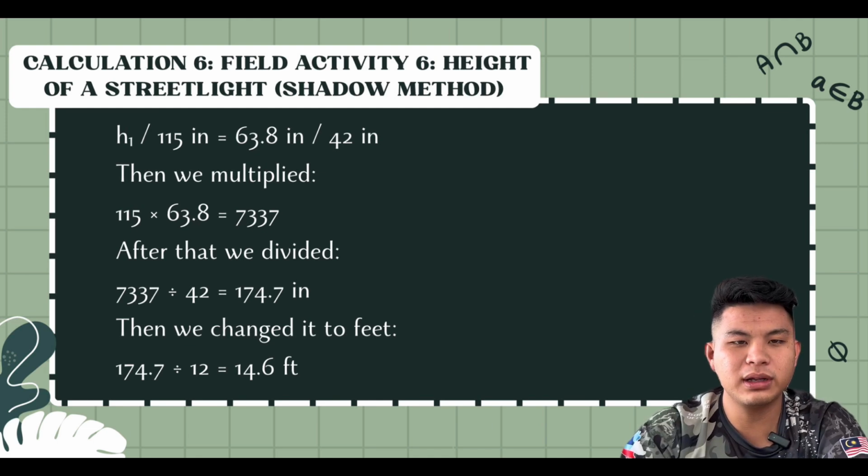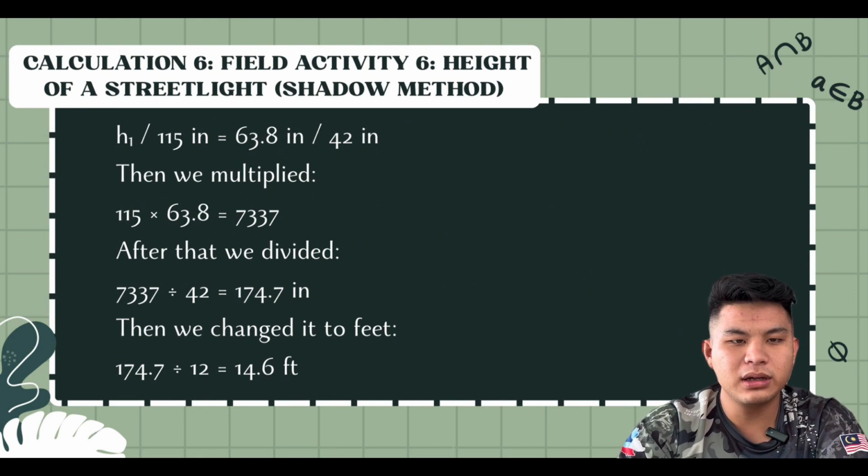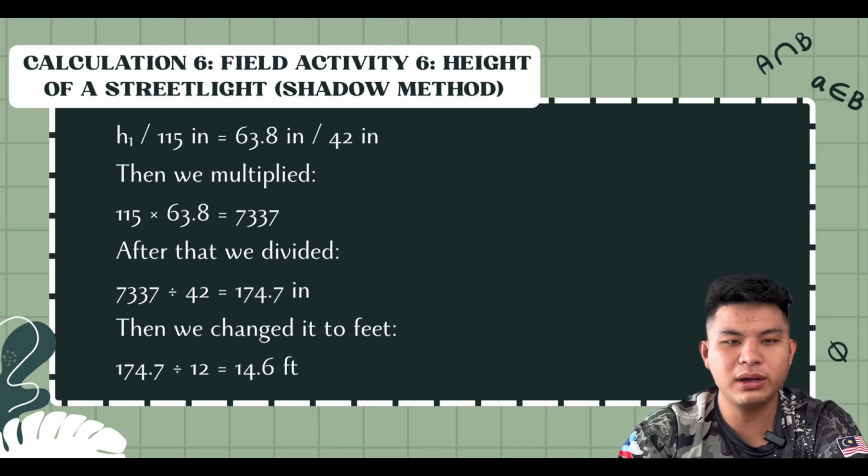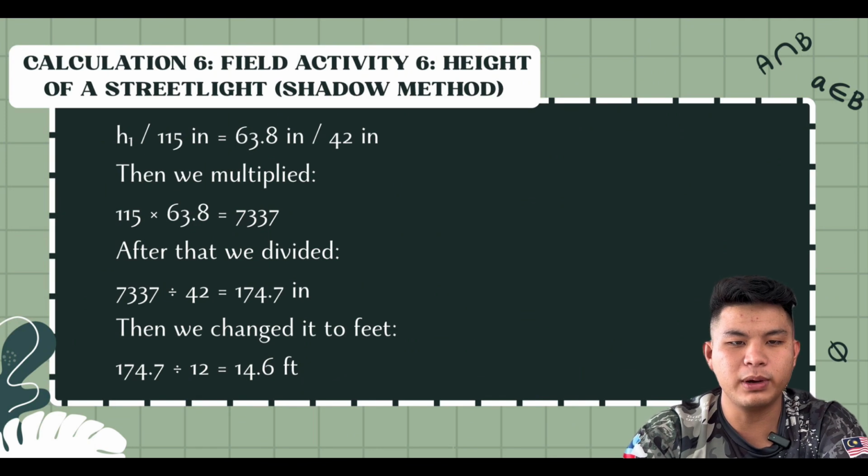Next, we cross multiplied: 115 times 63.8 equals 7337. Then we divided 7337 by 42, which equals 174.7 inches.